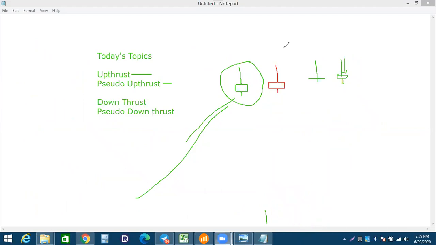Okay, just let me clear the chart and I will give you the upthrust, ultra high volume. Okay. Ultra high volume. And for the pseudo upthrust, you will find 2 bars of volume, and when this pattern appears, this volume will be low compared to the previous 2 bars.